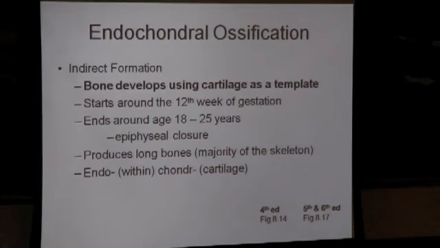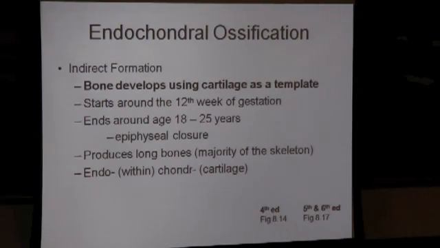So, first of all, endochondral ossification again starts during gestation. So again, in the fetus. This time around the 12th week of gestation when we start. And this time we're starting off with a cartilage template. So we actually start out with a cartilaginous skeleton, which gets converted into bone over time. And so this is a process that starts out in the fetus, but ends right around when you finish puberty.